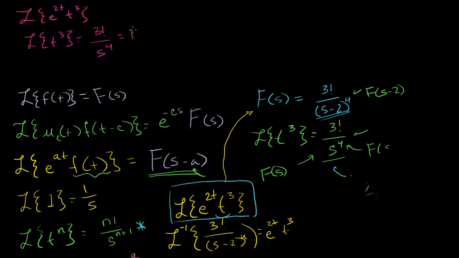This is equal to f of s, then this is going to be f of s minus 2. So what's f of s minus 2? It's going to be equal to 3 factorial over s minus 2 to the fourth.